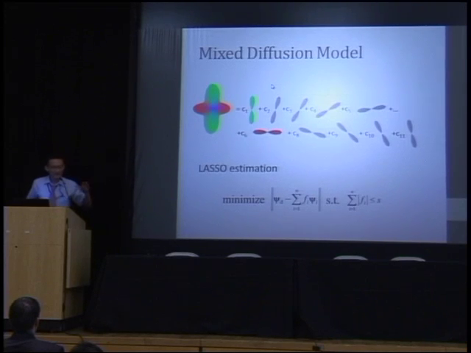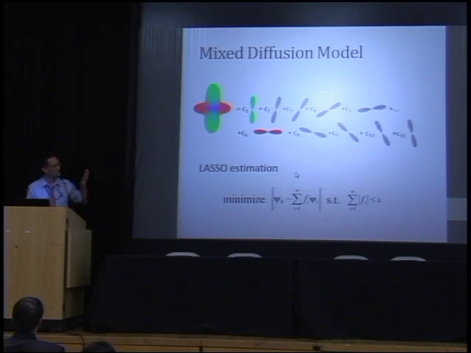A lot of lasso studies select all the model, but here I can apply prior information that in a single voxel we can only get like 4 or 5 fiber orientations.